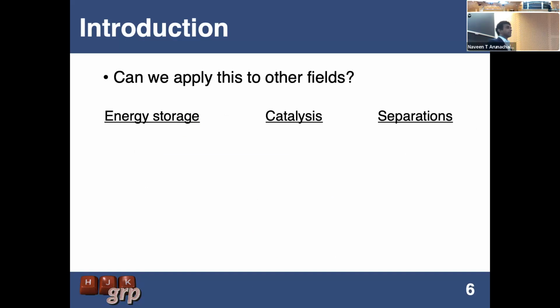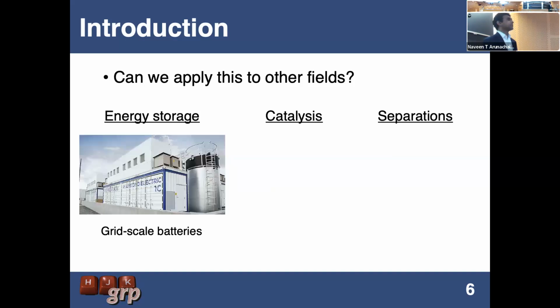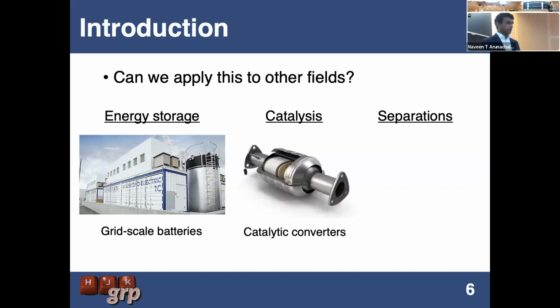So a question we might have is how we can apply this to other fields. I showed you how we can apply it to drug candidates, but how can we apply it to energy storage, for example? If we want to make grid-scale batteries to power a green world with solar power, with that energy being stored at night when the sun isn't available. How might we apply it to catalysis?